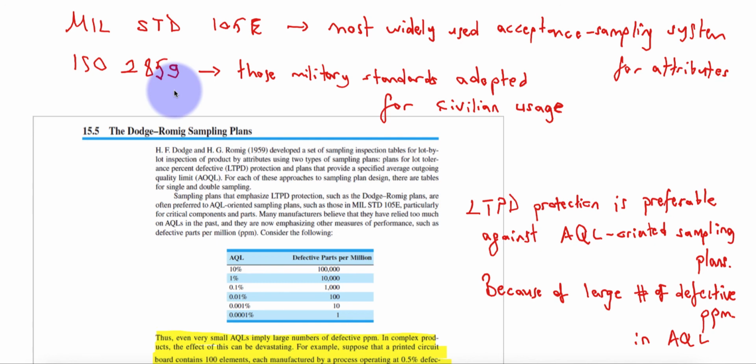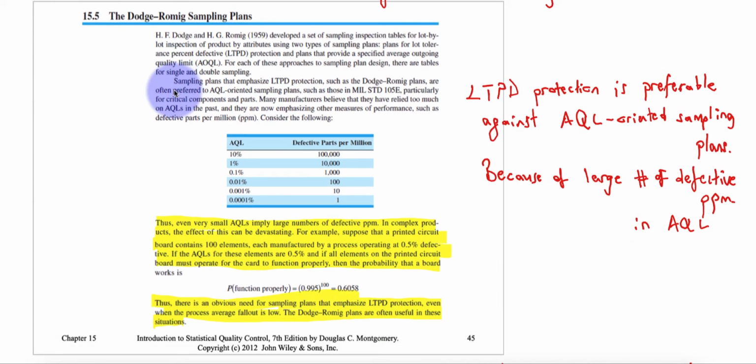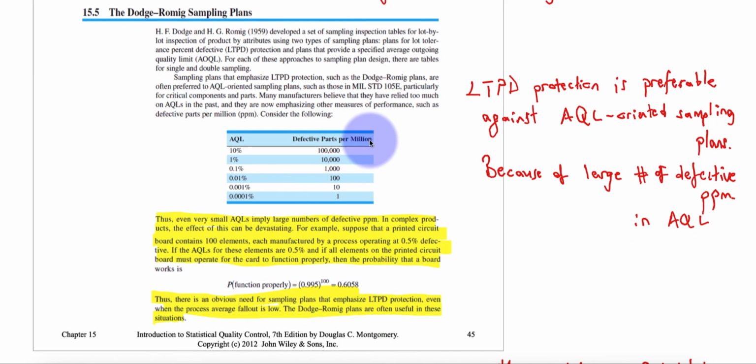All right. Earlier we said that we can use sampling plan tables, and you can find these tables in the textbook. These tables are huge, so I didn't put them here. You can find them in the textbook, or search for them on Google.